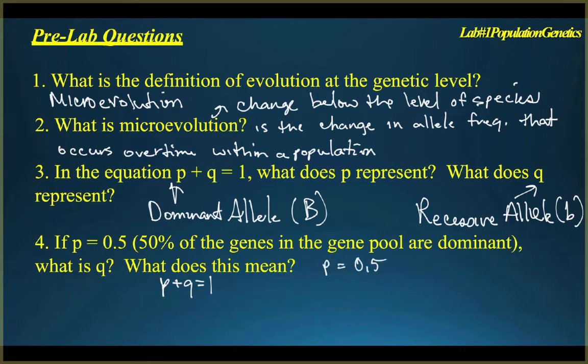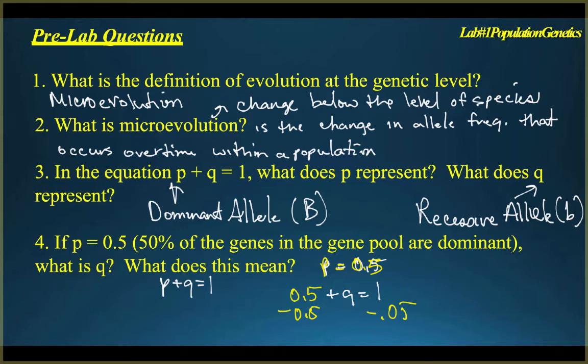So then we just add this 0.5 into the equation, right? So if we have 0.5 plus Q equals 1, then what we would do is we would minus 0.5 off of both sides.